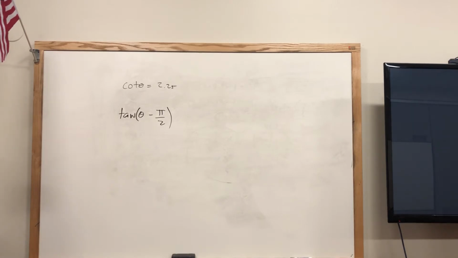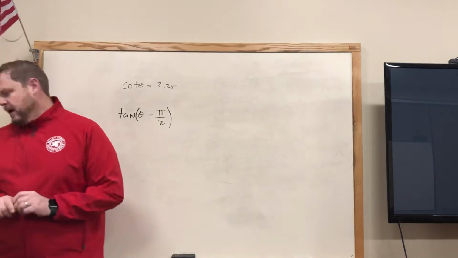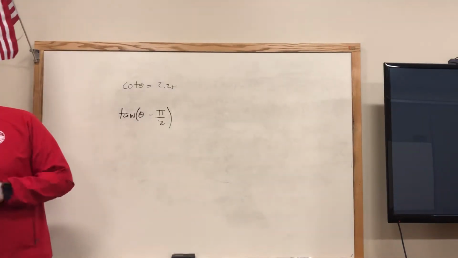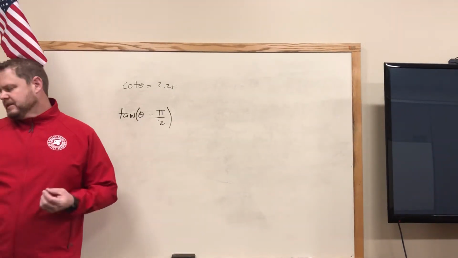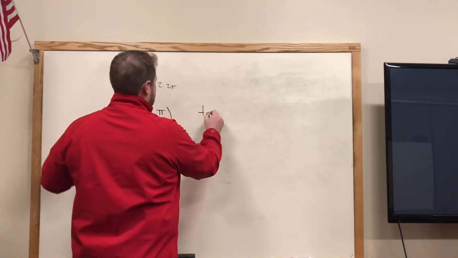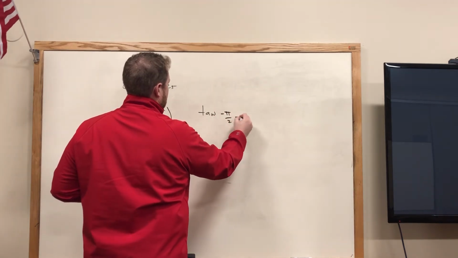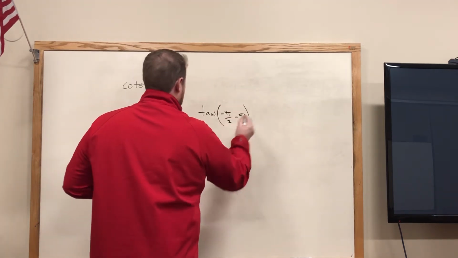So what would we do? First off, tangent of theta minus pi over 2 is another way to write tangent of negative pi over 2 minus theta.